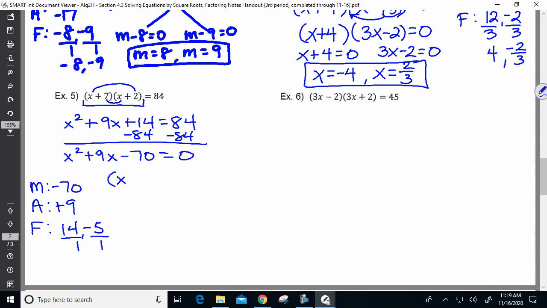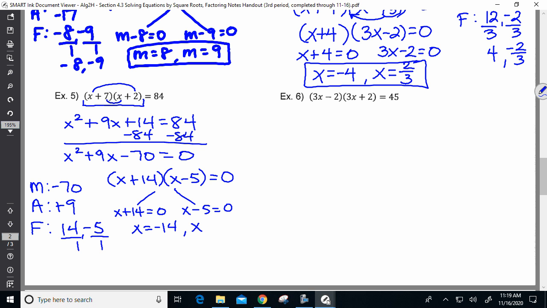So you have x plus 14 and x minus 5 equals 0. Separate it into your 2 equations. So x equals negative 14 and x equals 5. And that's it for example 5.